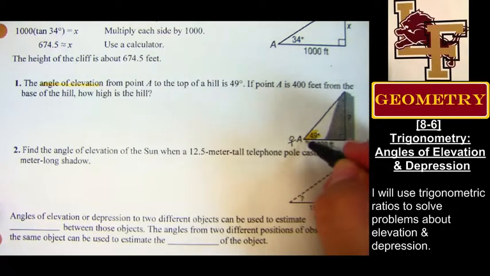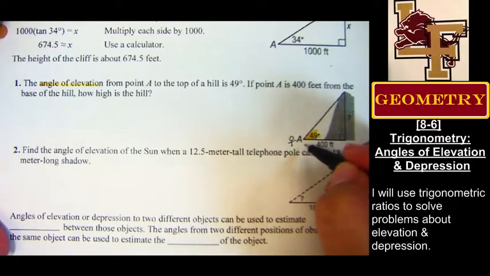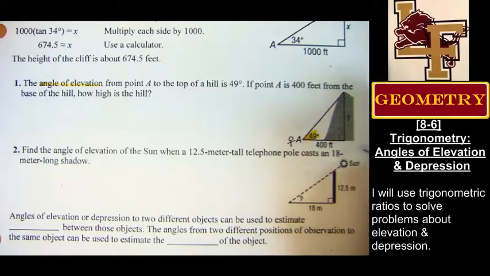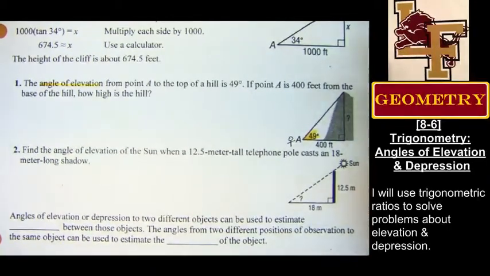If this point A, where Anna is standing, is 400 feet away from the bottom of the hill, we're asking, how tall is it? Okay?